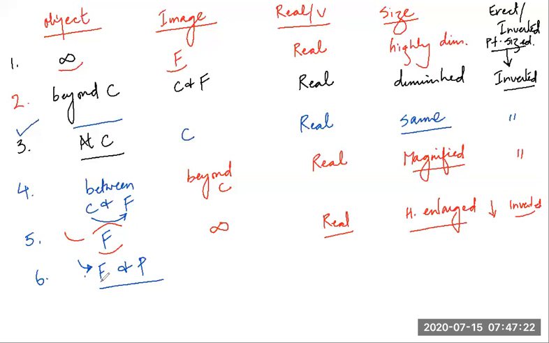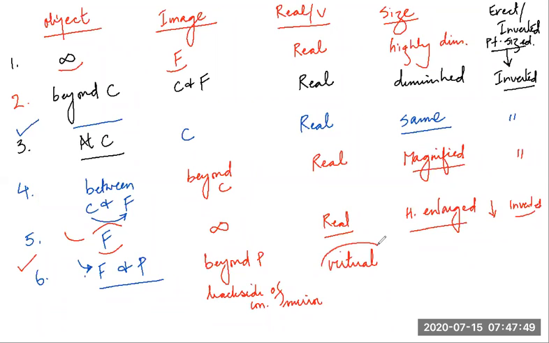When the object is between F and P, this is the last case. The image is what you will say? Beyond P, or you say backside of concave mirror. And you see, students, the image is virtual.